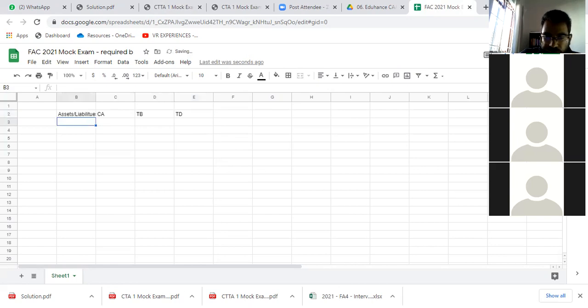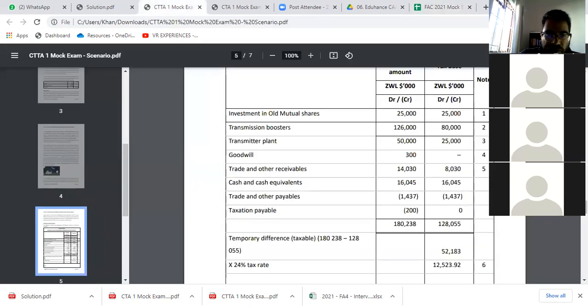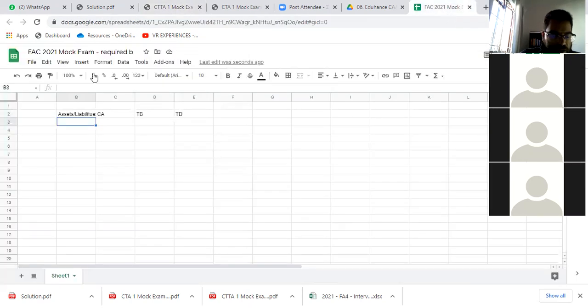Can someone help me with reading off the information? It's the investment in Old Mutual shares.